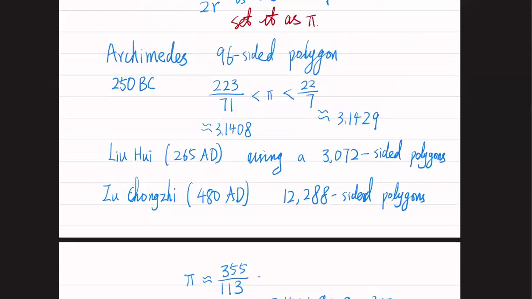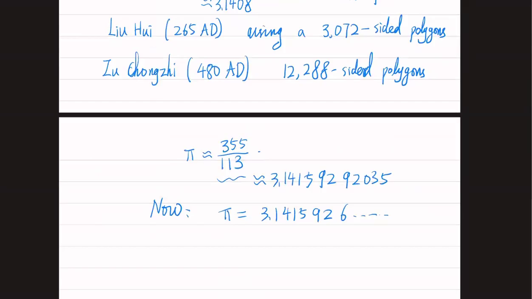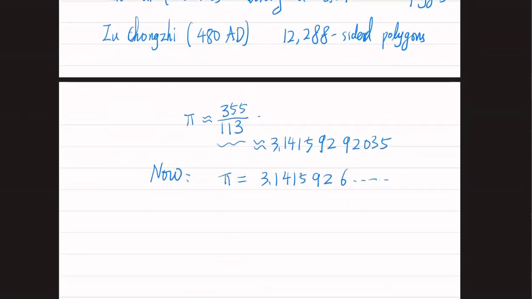This is a useful method, very simple to understand, but very difficult to actually compute. Okay, so this is about the perimeter of polygons and circles.